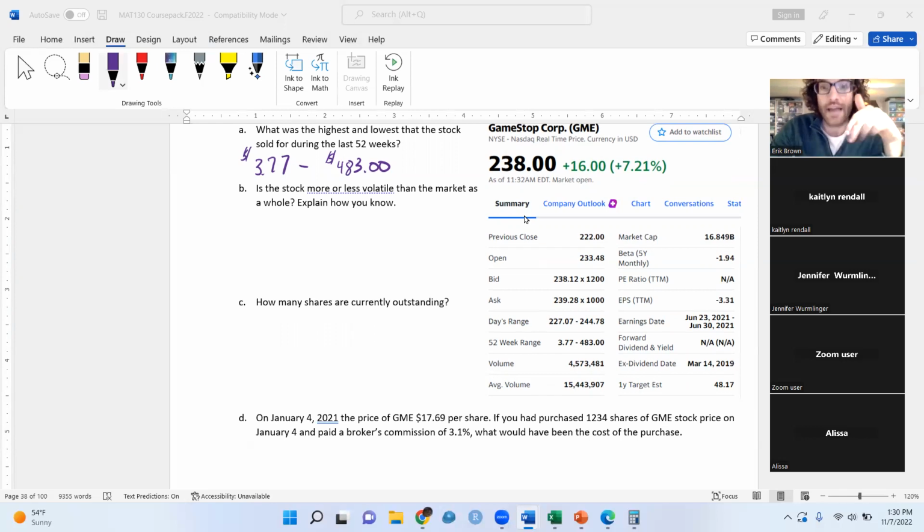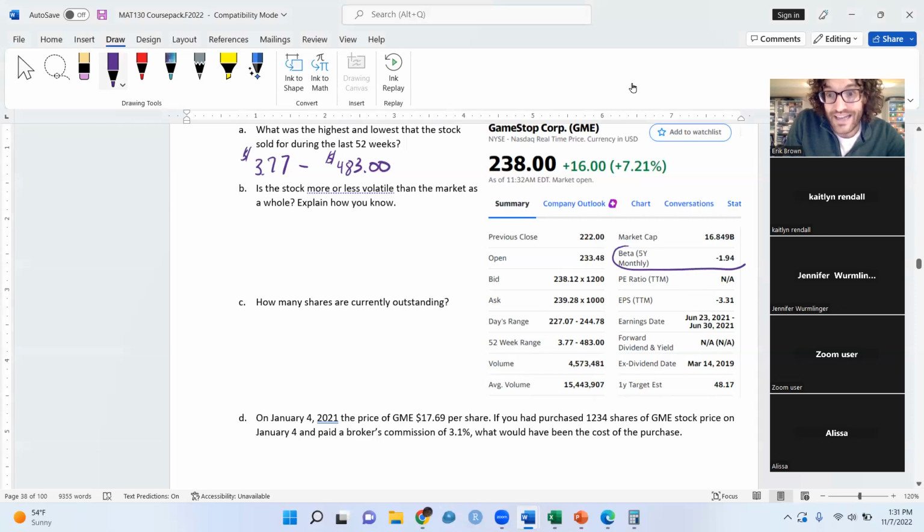So from day to day, is the stock going up and then down and all over the place, or is it kind of stable, roughly the same price over time? That's beta. Beta is a measurement of that, and here beta is negative 1.94.